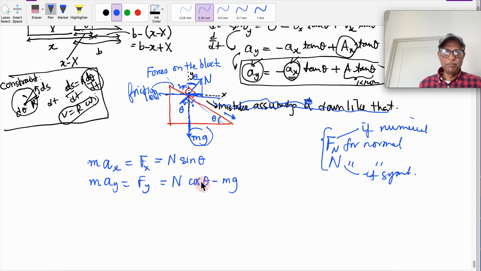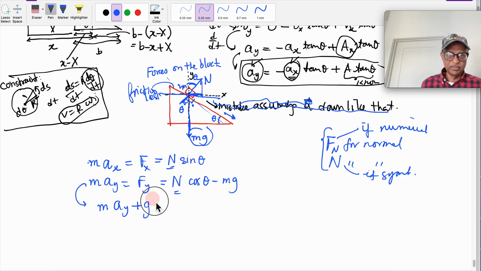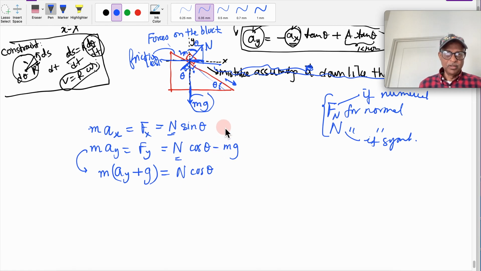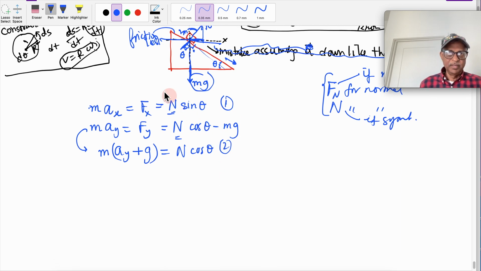Now, I'm not interested in finding n, so I will write this as m(ay plus g), bring this on the other side, and call it n cosine theta. And I can say 1 and 2, take a ratio of them. So I have 1 divided by 2.